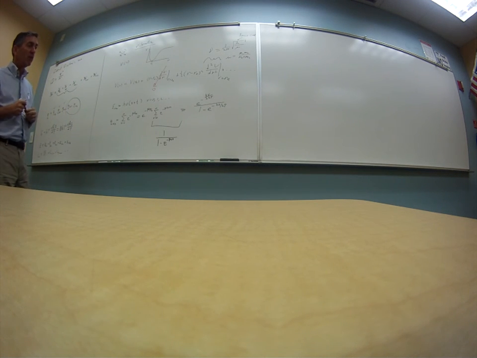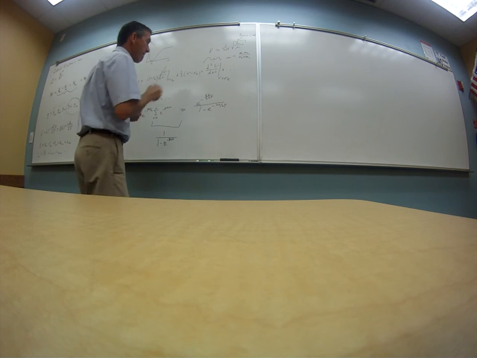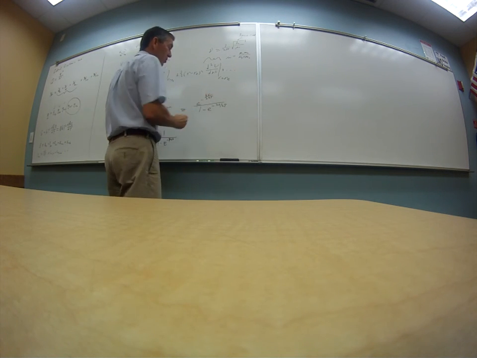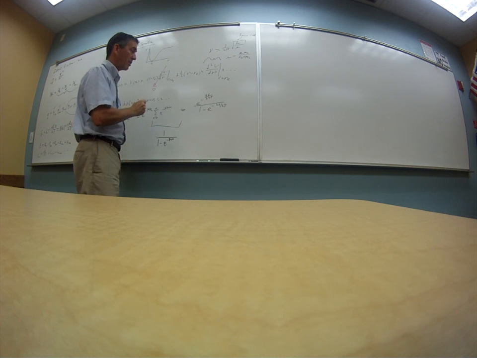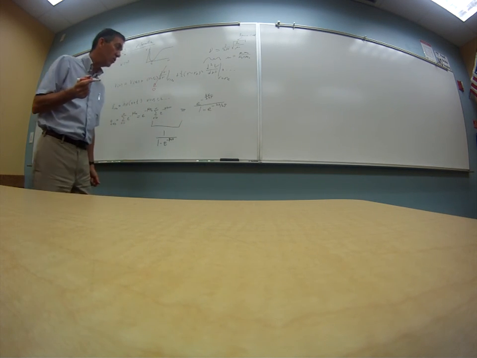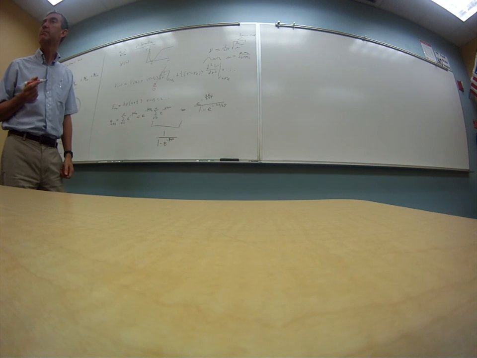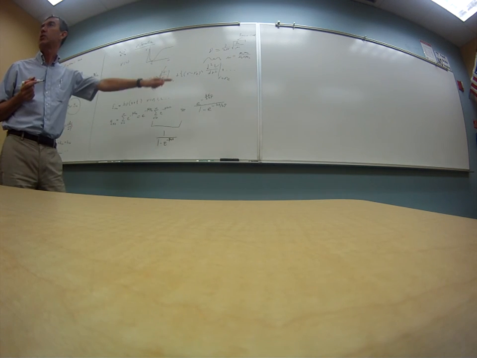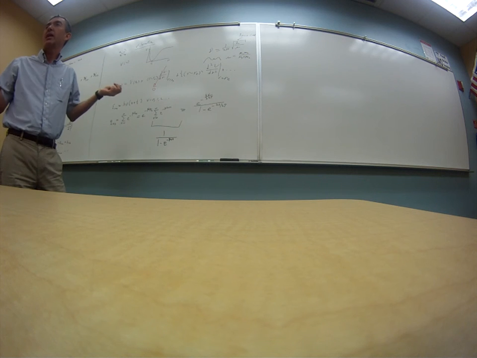Now we have a convention. This combination h nu divided by k, Boltzmann's constant, appears very often. What are the units of h nu over k? If you stare at this, what do they have to be?